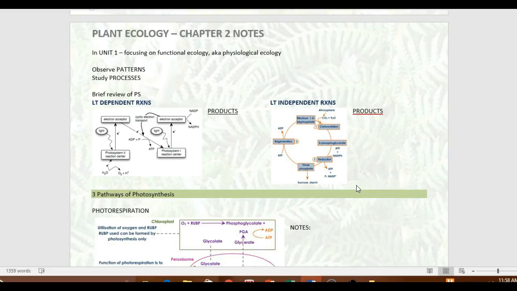If we were to break this up and call this 1, 2, and 3, do you guys remember this? Maybe, hopefully. It's been a little longer for you than for these guys since we've talked about it. What do you think? What's the first thing that happens in the light independent reactions? Carbon fixation. Bless you, child. CO2 fixation.